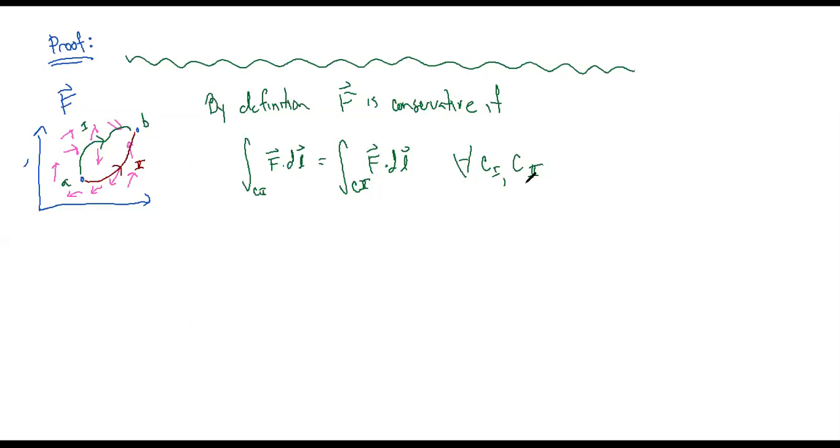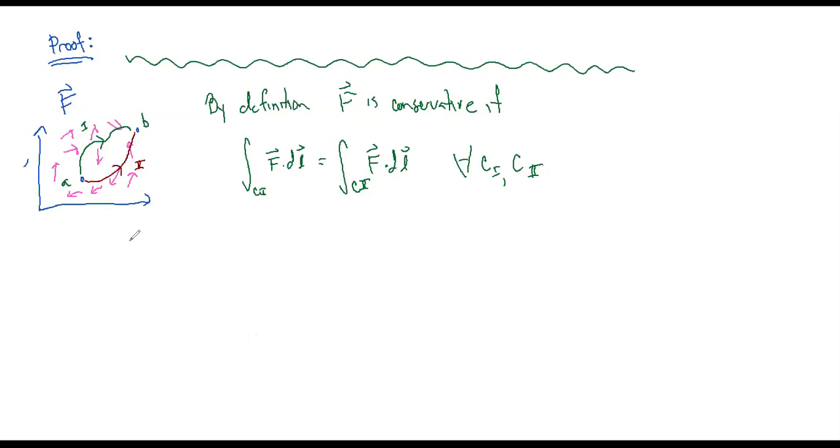Anybody have seen the proof? There's a reason why we're doing it today, I guess. Does this look like something we just did? Yeah, it looks sort of like Stokes' theorem.